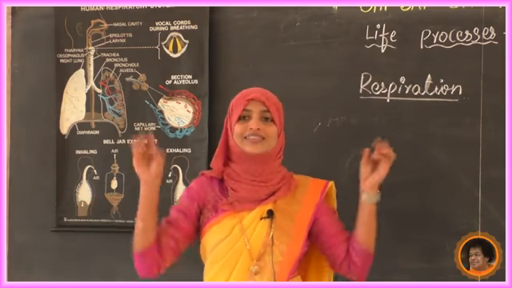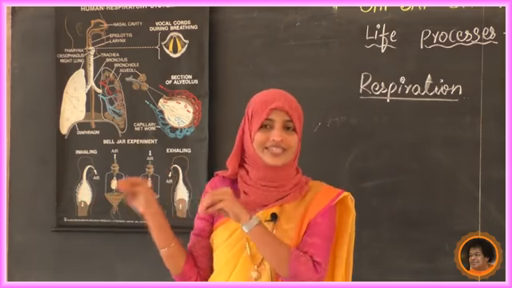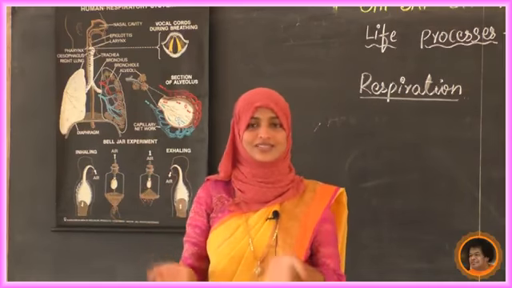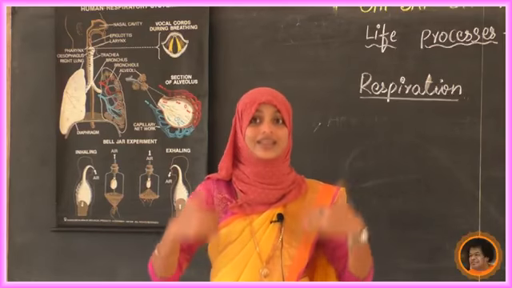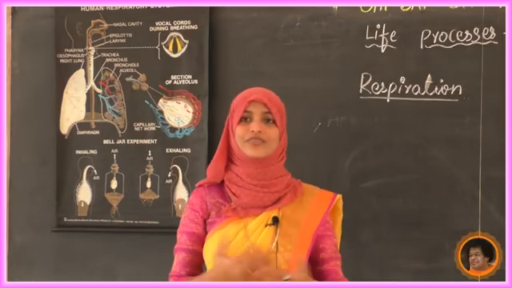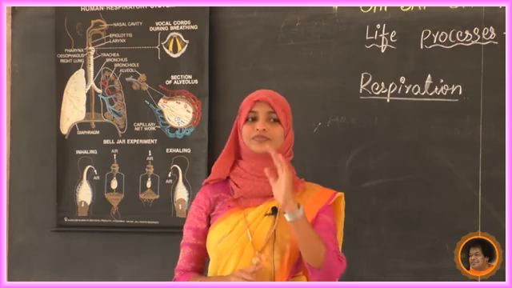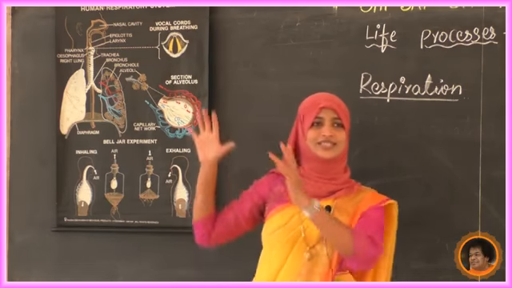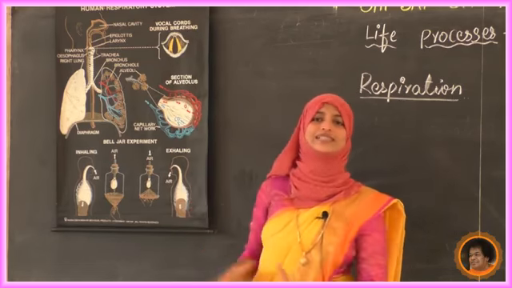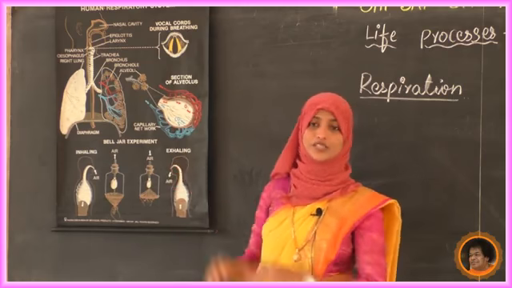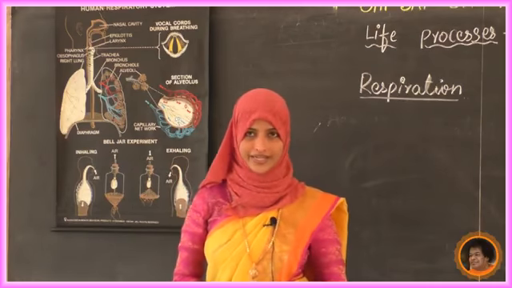There is no sensor in the nose to detect whether it is only oxygen, so everything is inhaled. Later it is going to filter. We'll study where. Okay, this is roughly what I said about the respiratory system. We are going to study it in detail.